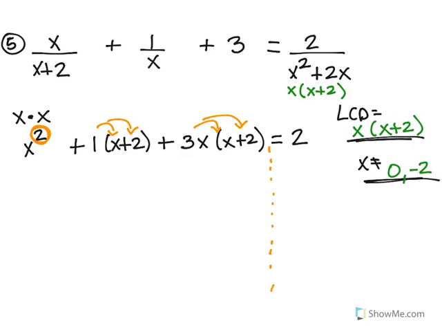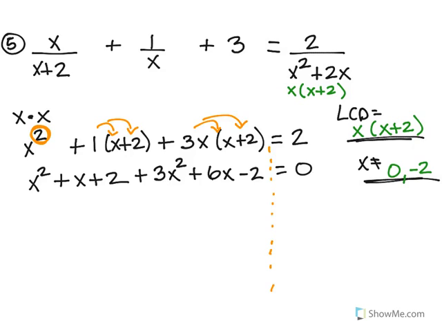So that's going to give me my x squared. I keep my x plus 2. And this is going to become 3x squared plus 6x. Can I go ahead and move that 2 over since I know it's got to be over here with it? Put minus 2 equals 0. Does everyone see that?